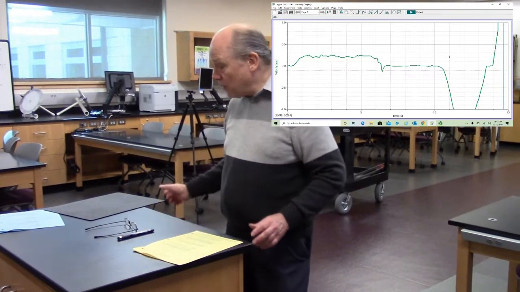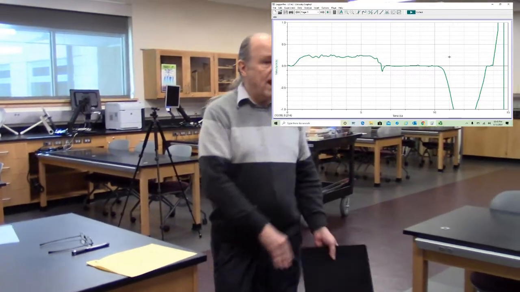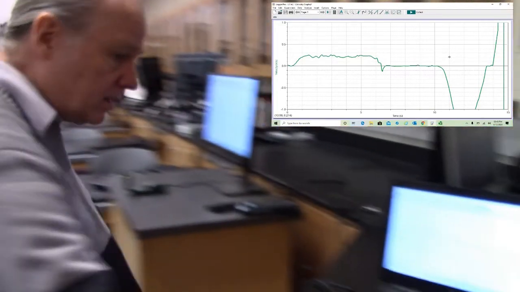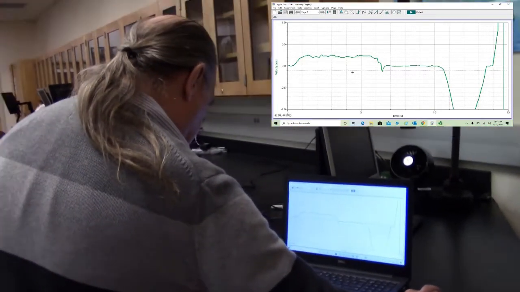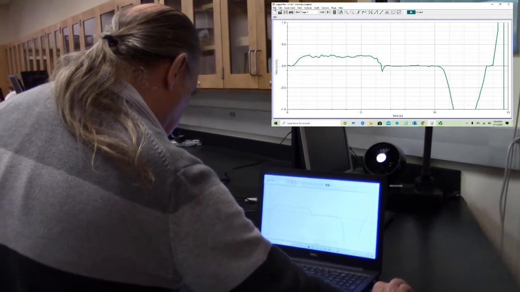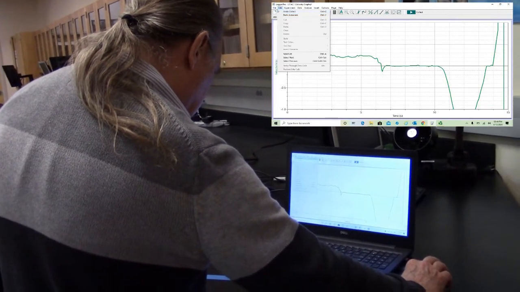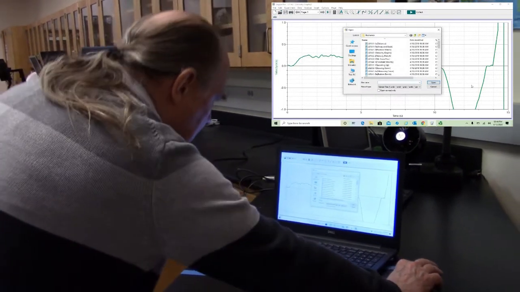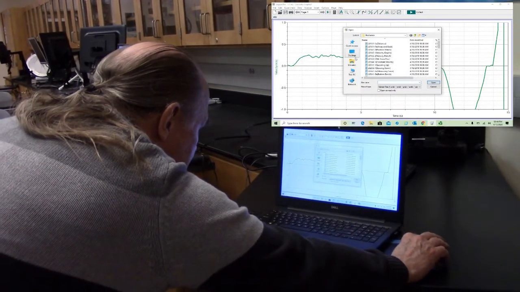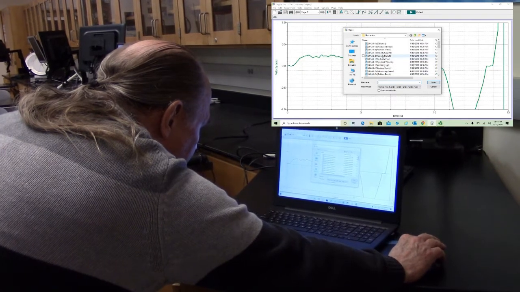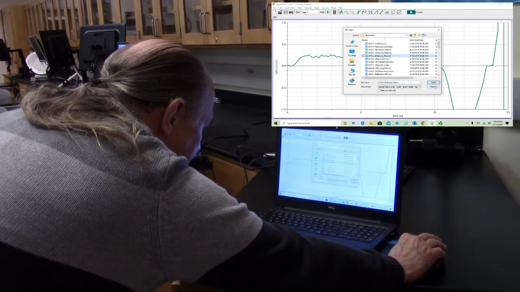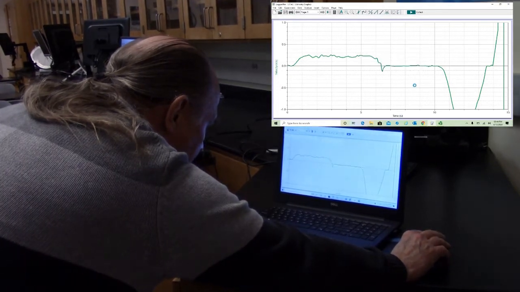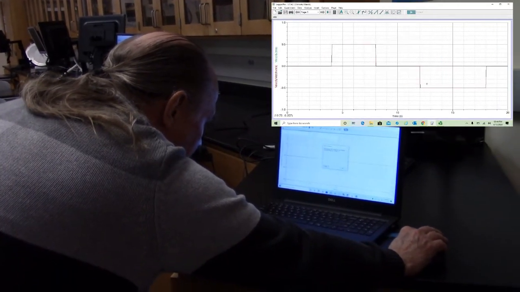So now we're going to do graph matching. So let's go into that file. Open, and velocity match. That's what we want. Okay.